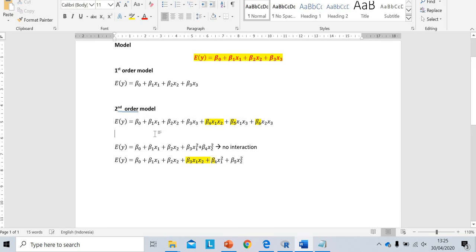This is a complete model with interaction, considering three variables.